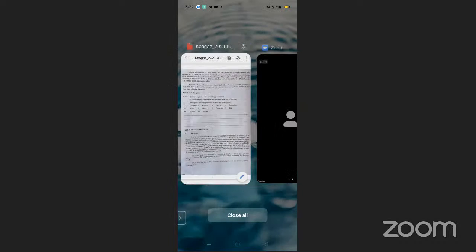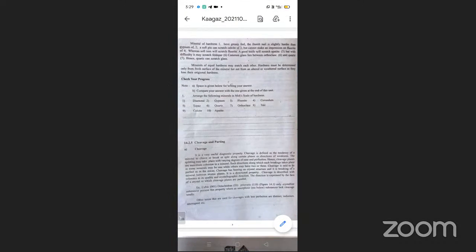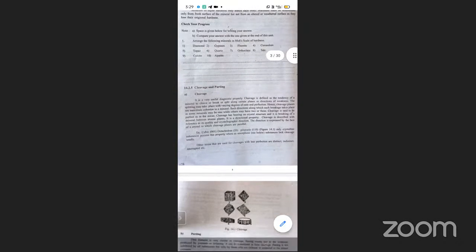Yeah, when we see all these minerals, maybe you take a good knife with a scratch on apatite, but with difficulty it may scratch on the feldspar because of the hardness. Slowly it is going to increase.